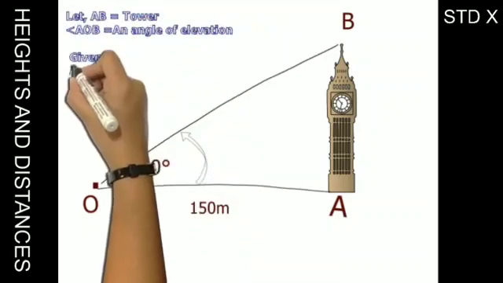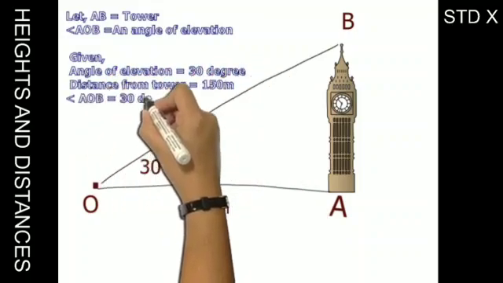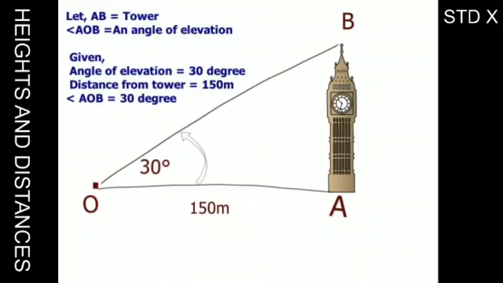OA is the distance between the eye of the observer and the tower, and this is given as 150 meters. The distance from the tower is 150 and angle AOB equals 30 degrees. Now you have to find the height of the tower, which is AB.